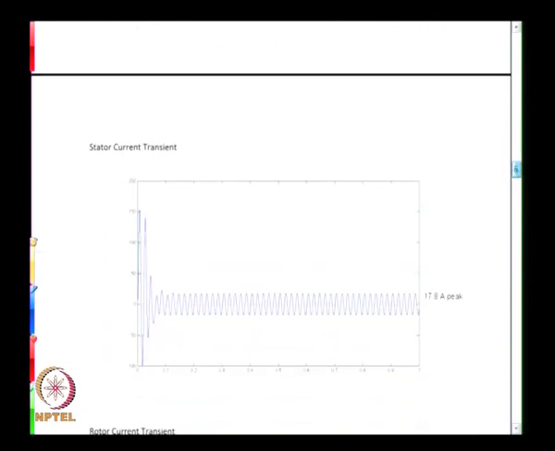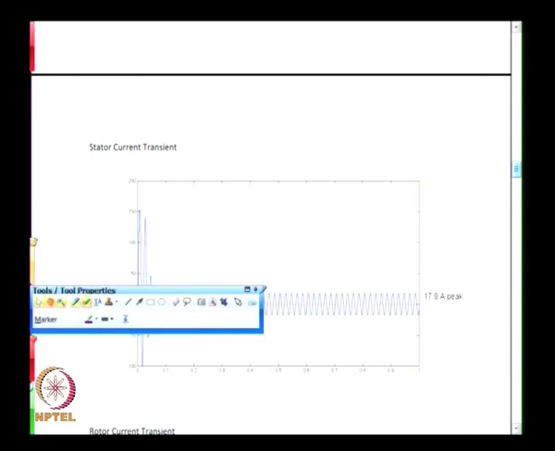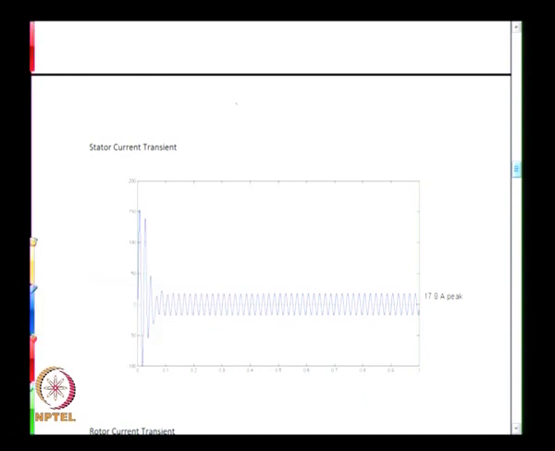Now, in the input flow of current drawn into the stator, you see that there are again inrush currents, very high inrush currents. One must remember that the experiment that we are trying to do in this case is what is called a direct on-line start of the induction machine.